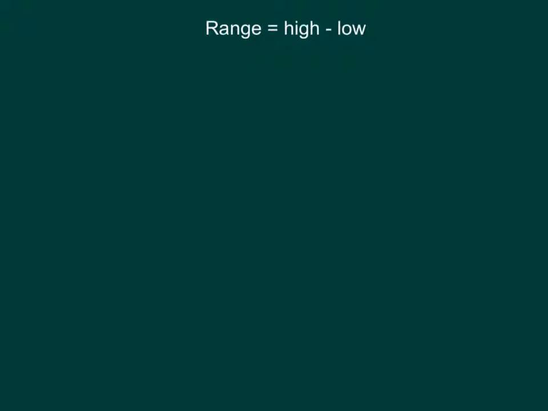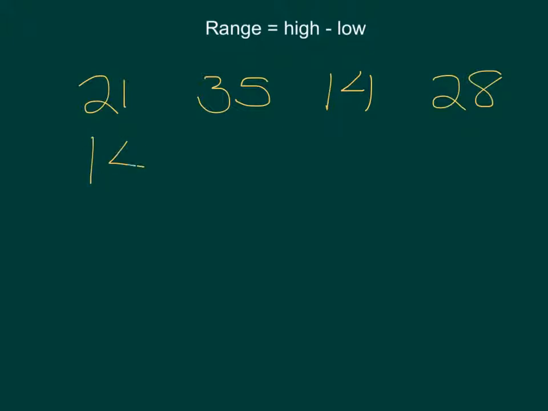The last central tendency that we're going to look at is called the range. And this is the highest number minus the lowest number. And so when we hear range, it's the spread or the distance along the set of data. So for the numbers we had from the example, we had 21, 35, 14, 28, 14, 7, 21, and 14.